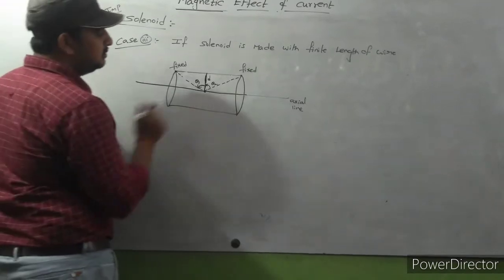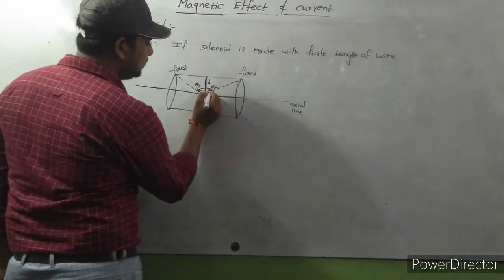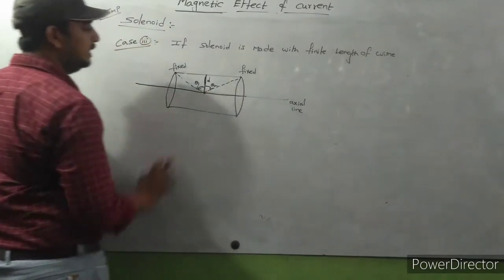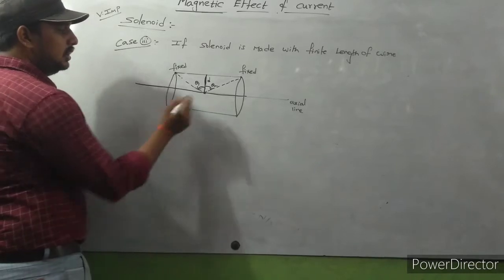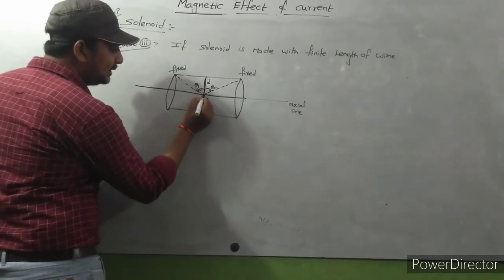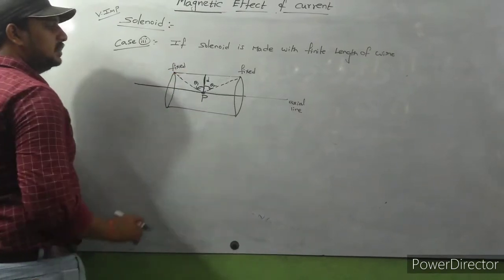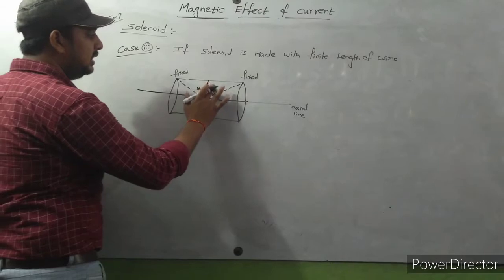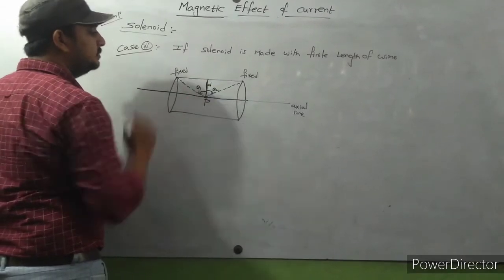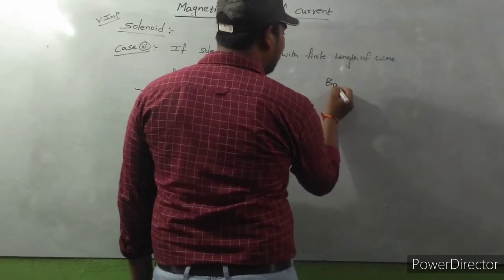This angle is theta 1, this angle is theta 2, and the point is some P that I consider. What is the magnetic field at this point P? Here the perpendicular distance is D. Now observe carefully.